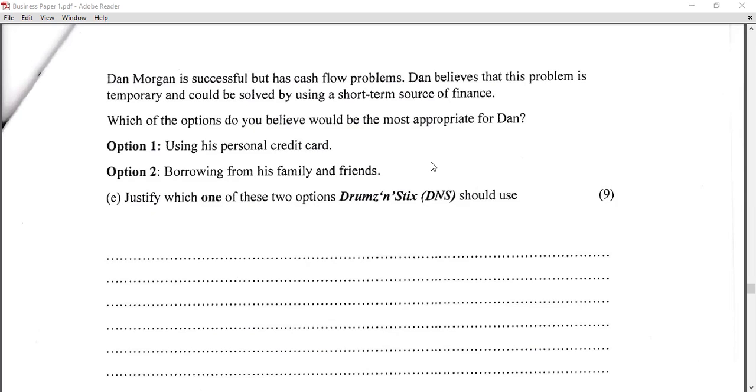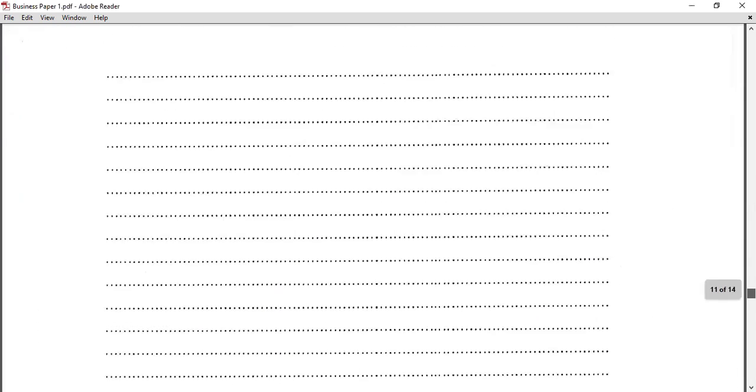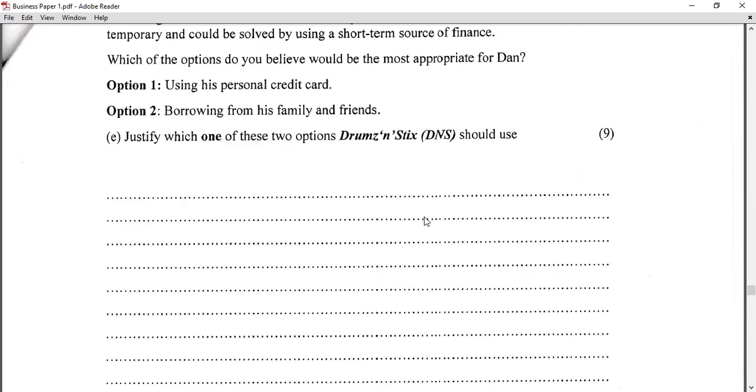When you're writing this 9 marker, about 1 page, you have to write 2 advantages, 1 disadvantage and an ending conclusion. However, it depends. You can say it depends on Dan's ability to repay, on the strength of the friendship, or how much they believe in Dan. Both methods have no documentation and no collateral.